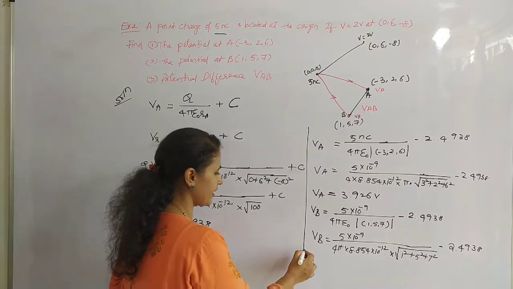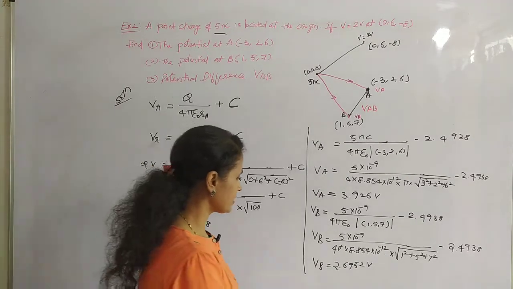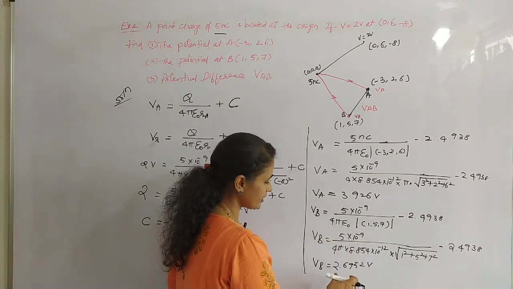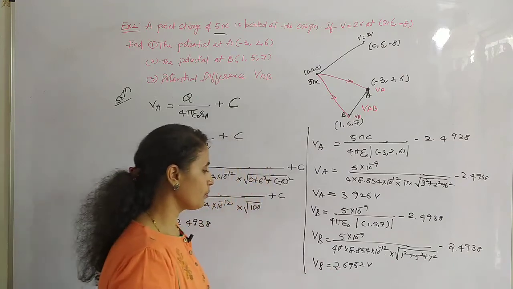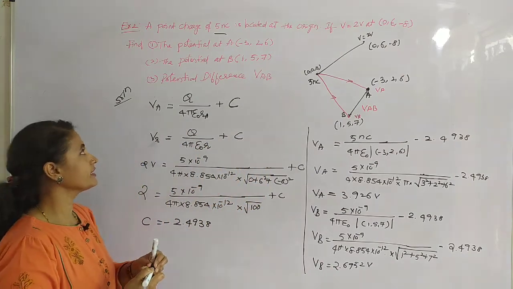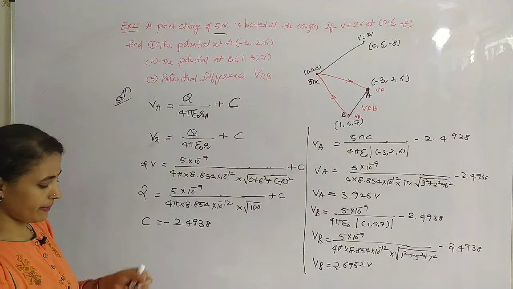Simplifying all these terms, you will get VB as 2.6952. This is about the second part.